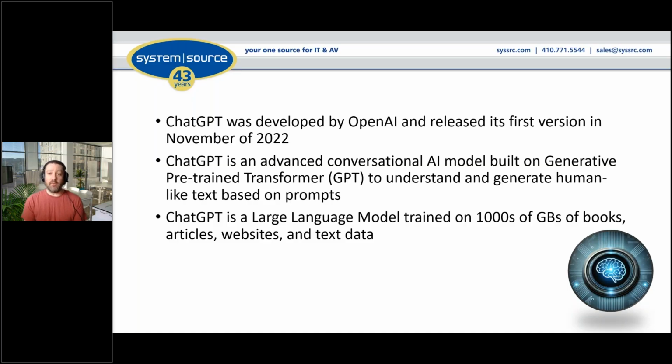Now, while we've been talking about ChatGPT a lot, ChatGPT is not all that old. It was developed by an organization named OpenAI. It released its first publicly consumable version in November of 2022. So ChatGPT has not been around for that long.